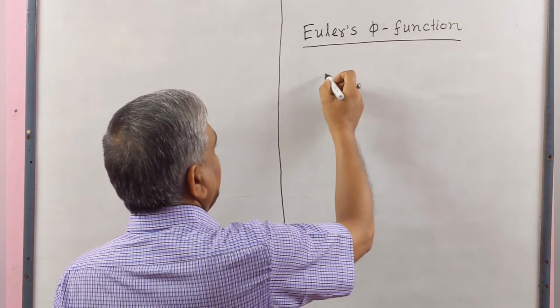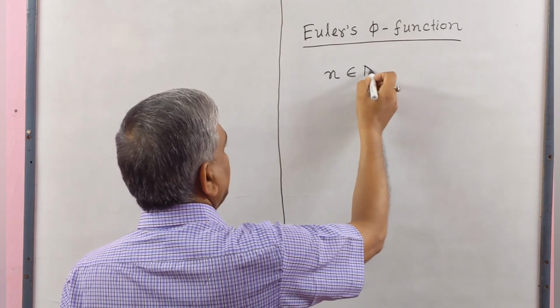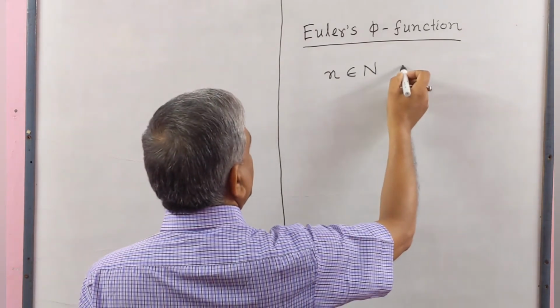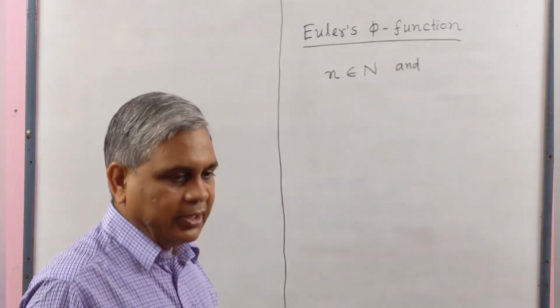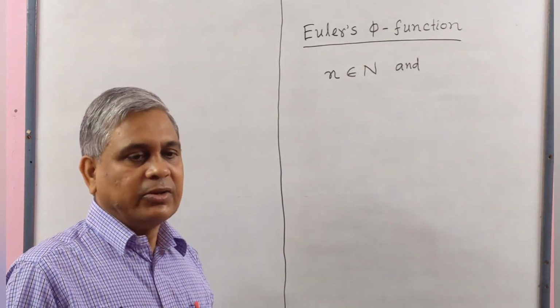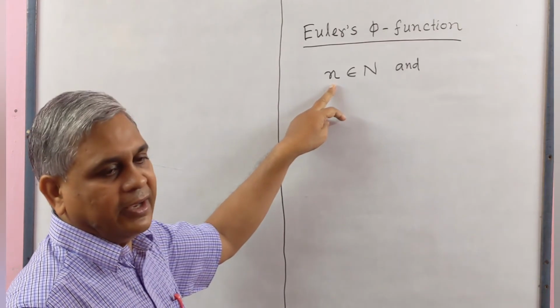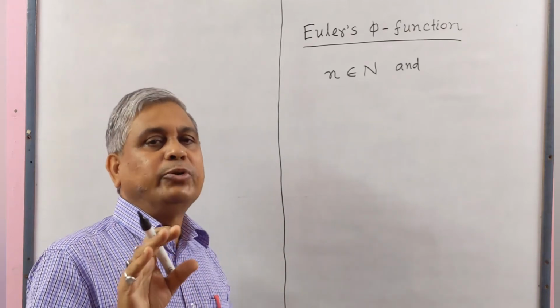Let n be a natural number, and we find those positive integers not exceeding n, but they are prime to n.